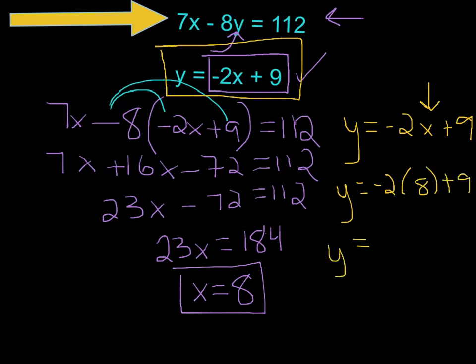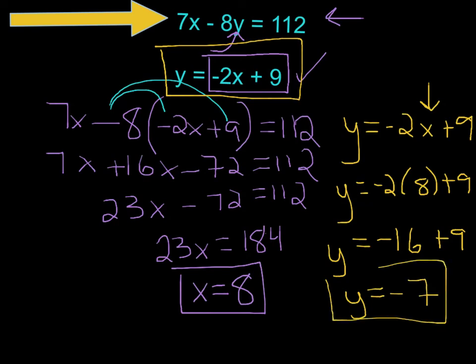So y equals negative 16 plus 9, which means that y equals negative 7. So the solution, the two linear equations, will intersect at the point 8, negative 7.